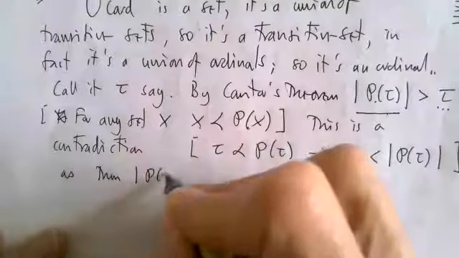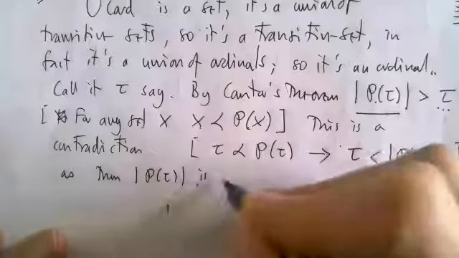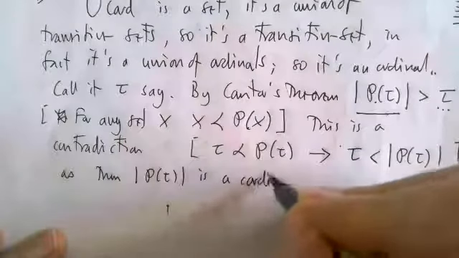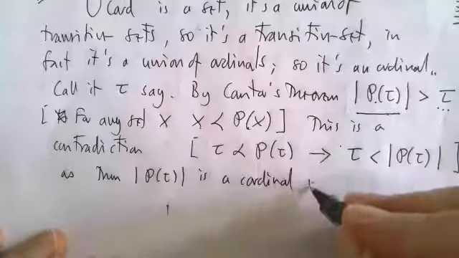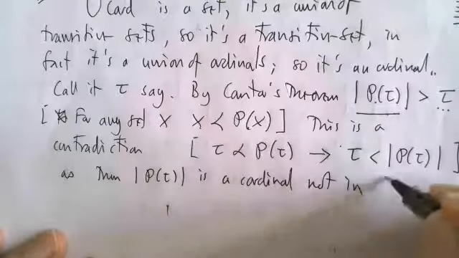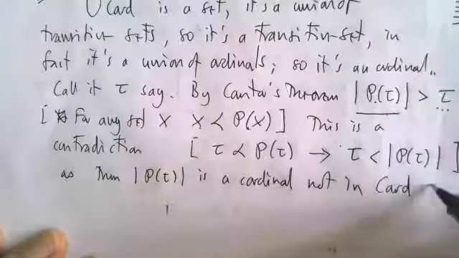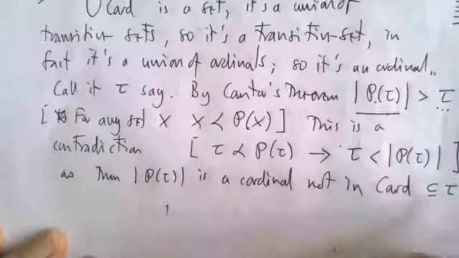Then here, this is a cardinal number not in card, which was supposed to be a subset of tau.